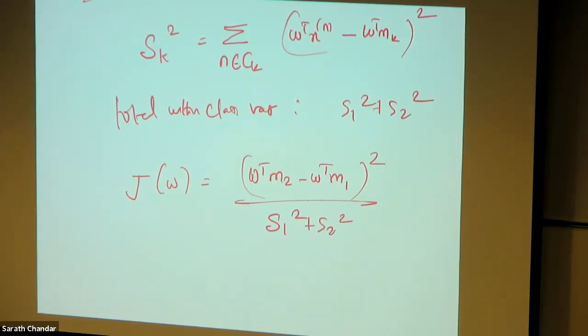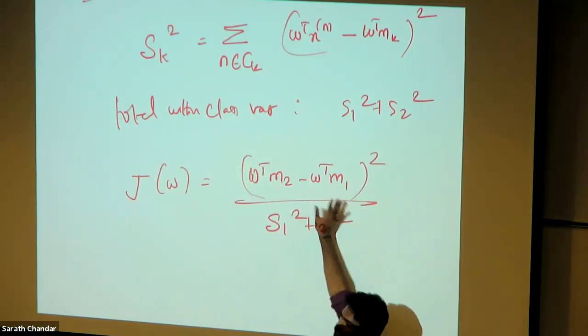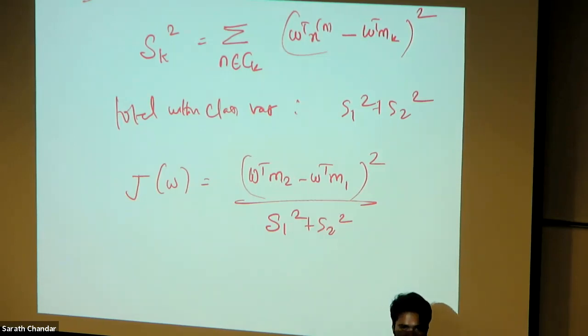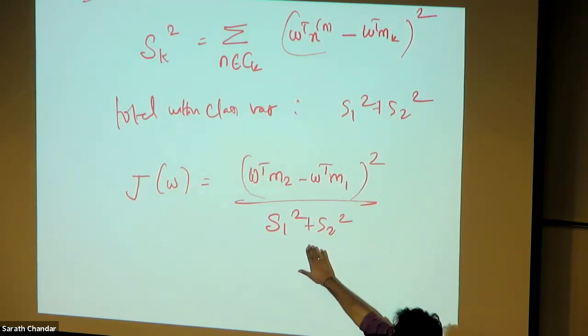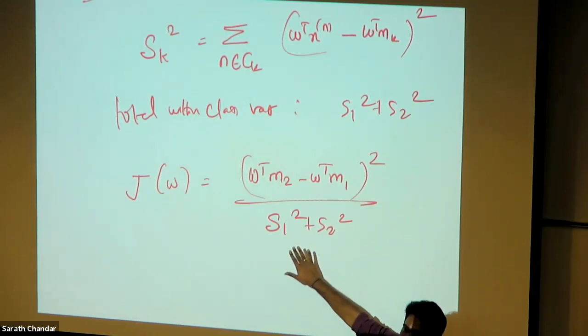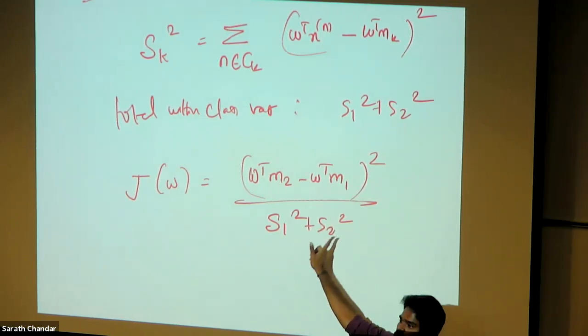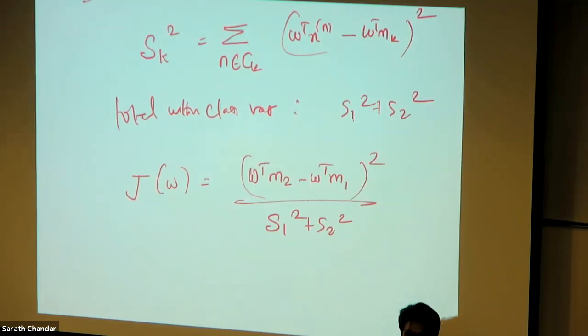This is a bit different from our previous objective. The previous objective was just to maximize w transpose m2 minus w transpose m1, just the linear version. It doesn't really matter that I add the square, they are both going to have the same solution. But what matters is the denominator. I want to maximize 1 by s1 square plus s2 square, which means I want to minimize s1 square plus s2 square.